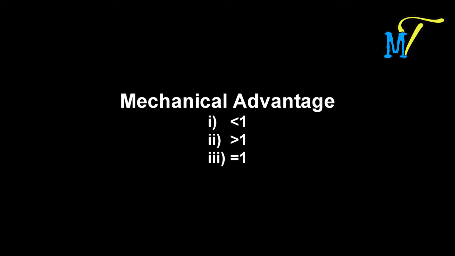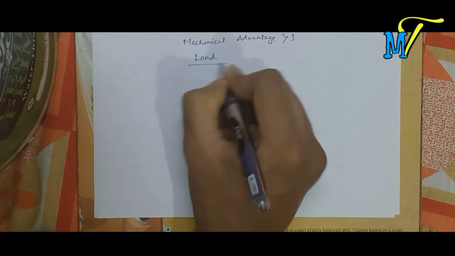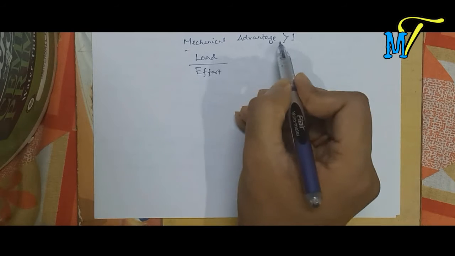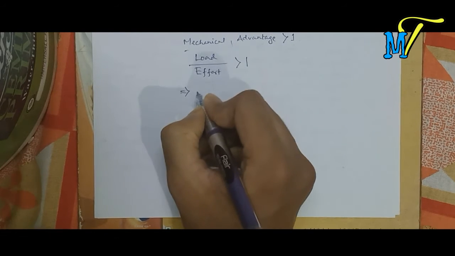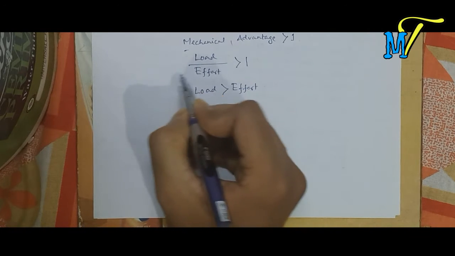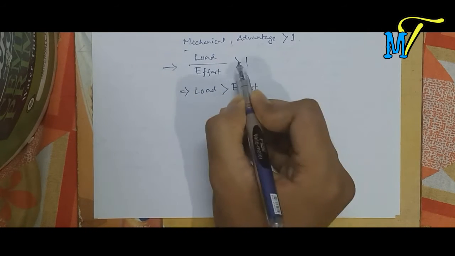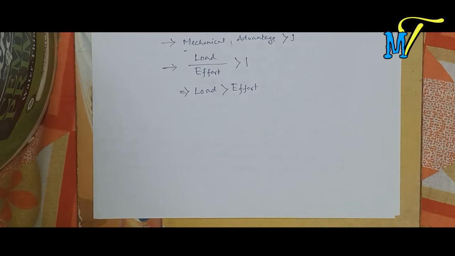If the mechanical advantage of a machine is greater than 1, now what is the formula for mechanical advantage? It is load by effort. Mechanical advantage greater than 1 means load by effort is greater than 1, so you can write load is greater than effort. When this condition comes, that is mechanical advantage greater than 1, it is called a force multiplier. Why force multiplier?